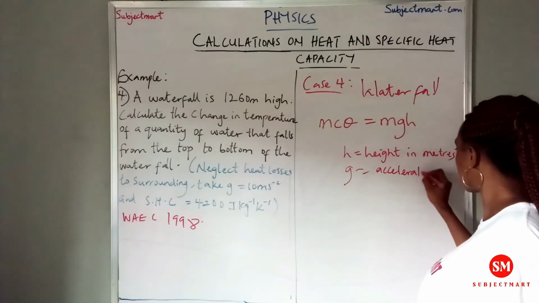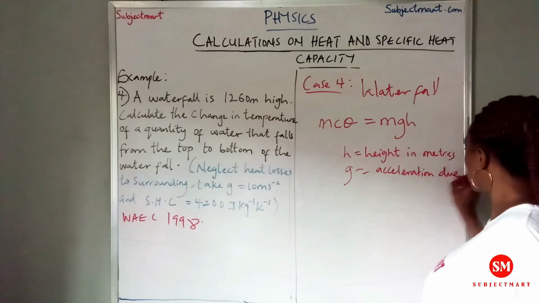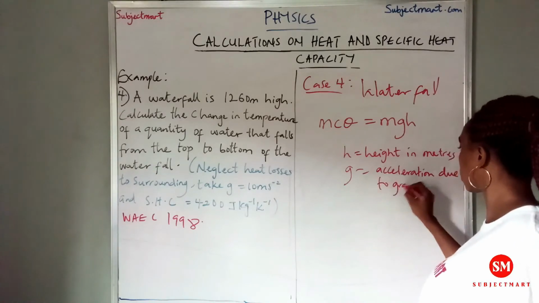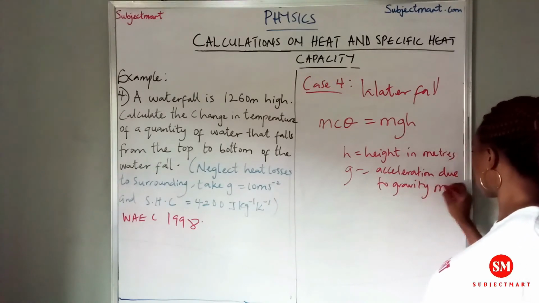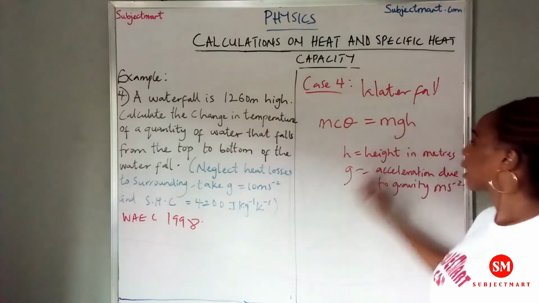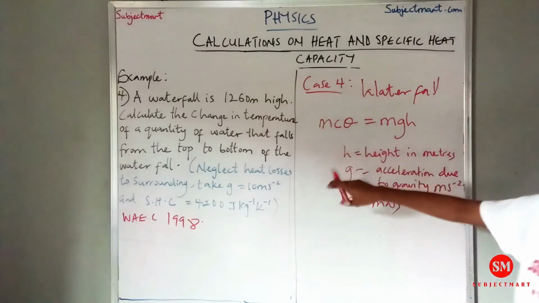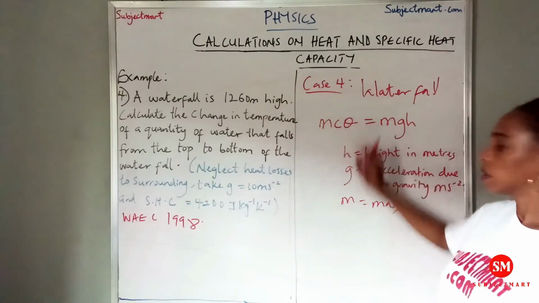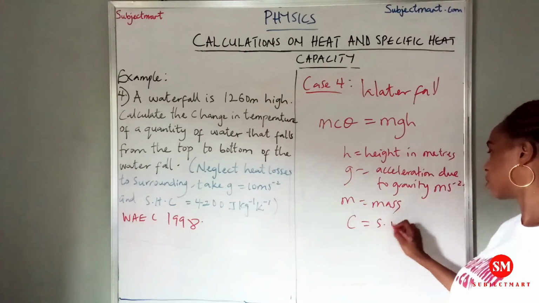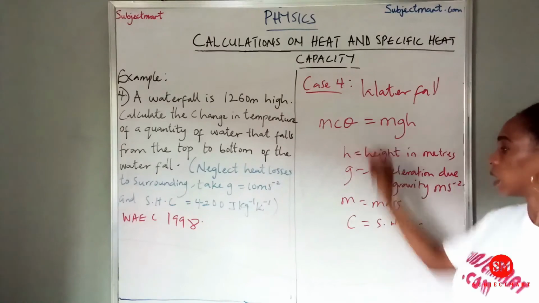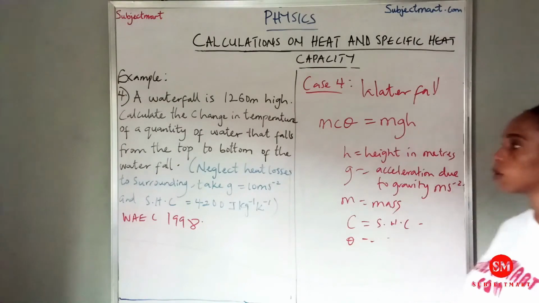Acceleration due to gravity in meter per second squared. M is the mass. We are familiar with this. C is the specific heat capacity of the water, and then theta is the temperature.